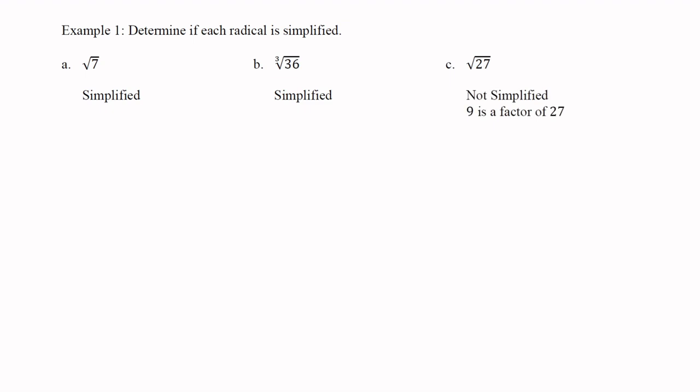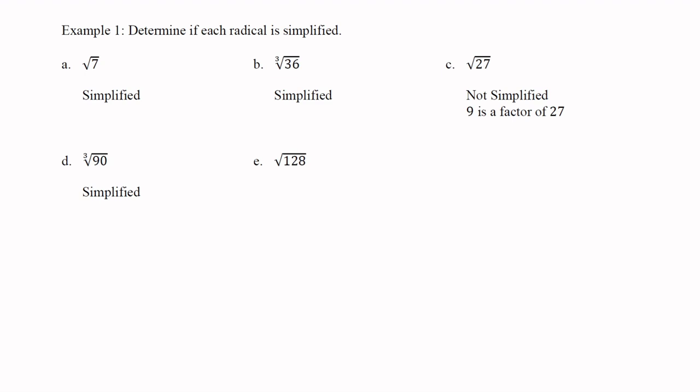So it is not simplified because 9 is a factor of 27. The cube root of 90. Well, you have to think about your perfect cubes. And since no perfect cube is a factor of 90, it is simplified.